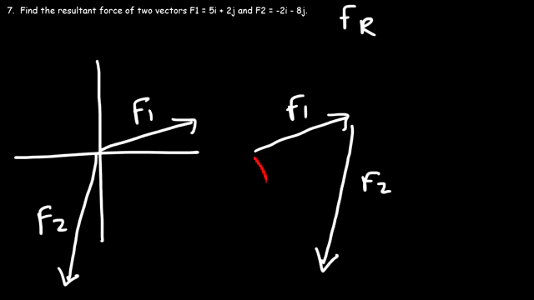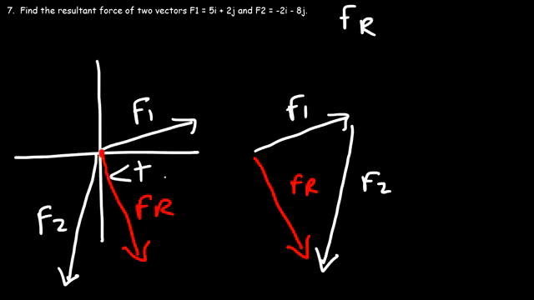So FR is going to be going in this direction. If we move that vector to the origin of this graph, we can say that approximately it's going in quadrant 4. That means that the x component should be positive and the y component should be negative.